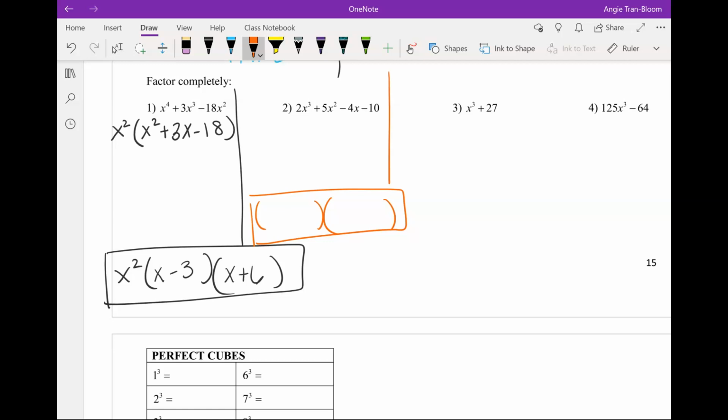This is kind of similar to number 6, where it was x cubed plus 27. Wait, this is the difference. No, it's not A plus B, it's A times B. You're not solving, you're factoring.